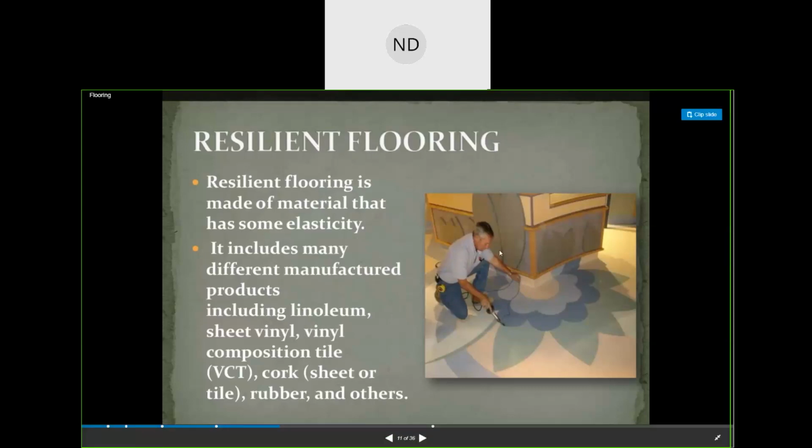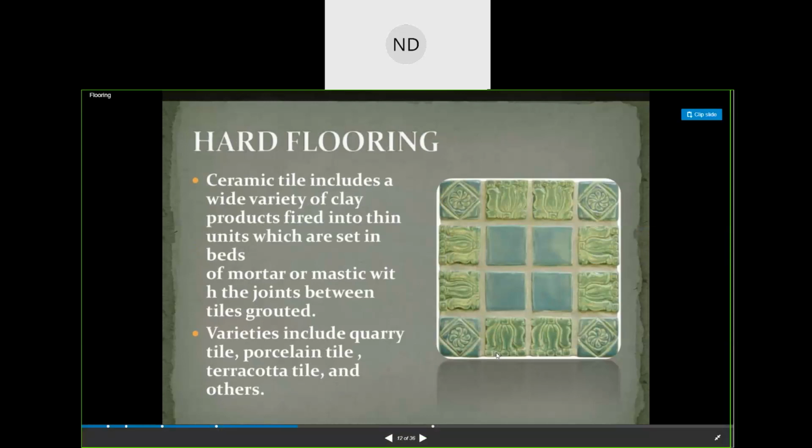Resilient floorings can include linoleum, sheet vinyl, vinyl composition tile (VCT), cork sheet or tiles, rubber and others. Why? Because this kind of flooring has elasticity. That is why it is named resilient flooring.